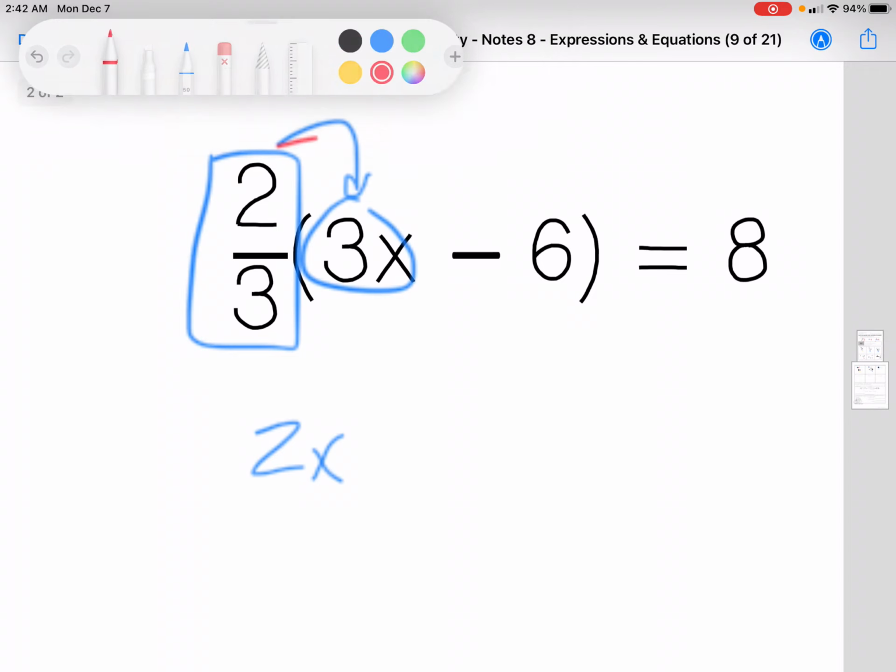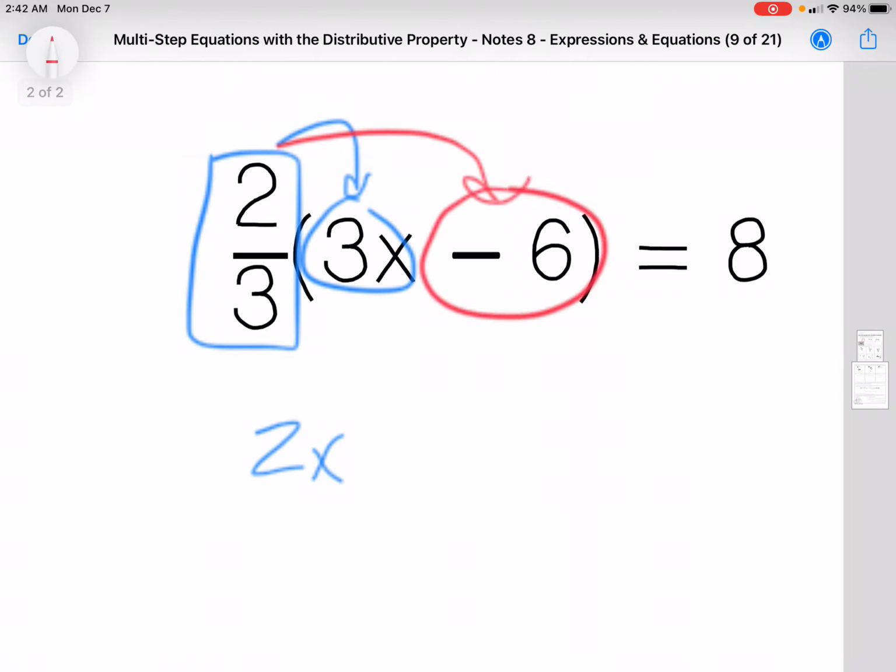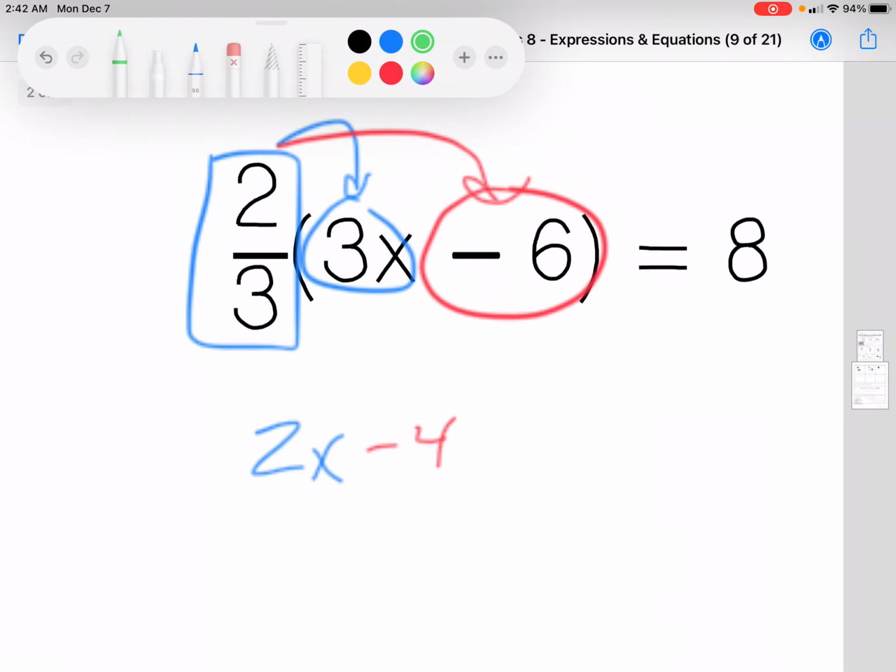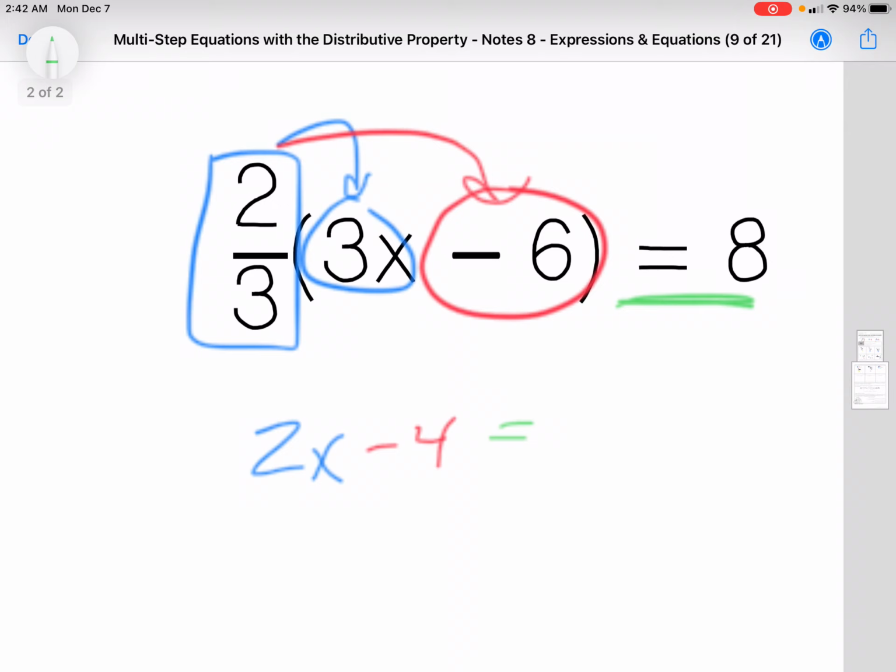I don't have a calculator, boys and girls. All right, 2/3 times -6 is going to be -4, equals 8.